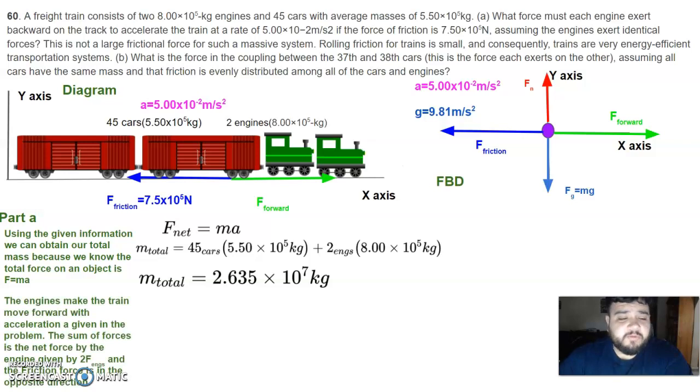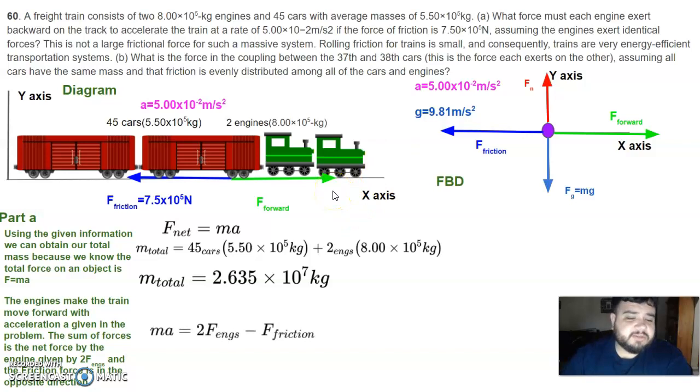Now let's think about this. The engines make the train move forward with acceleration a, which is given in the problem. If we sum the forces, the net force comes from the two engines, because remember it says there are two, and the friction force is in the opposite direction of the force of the engines.